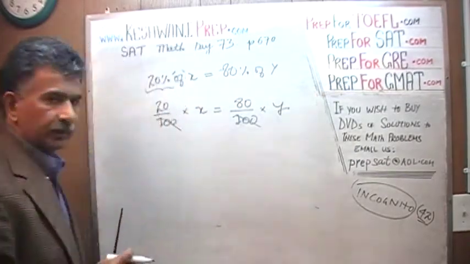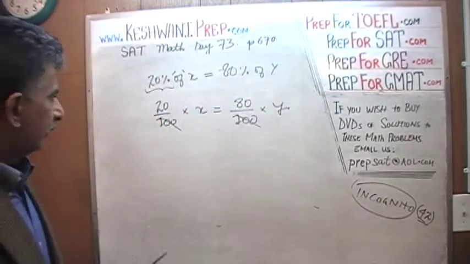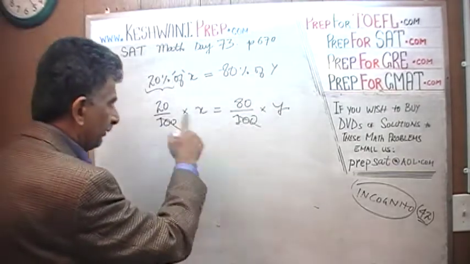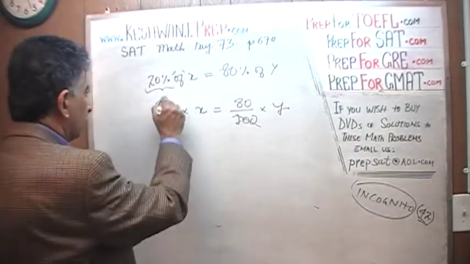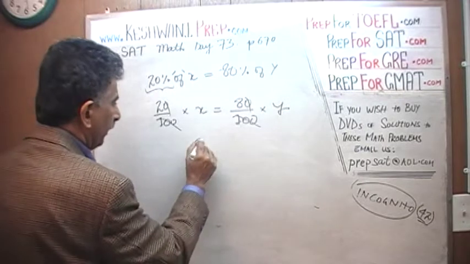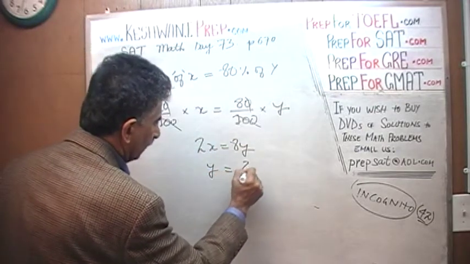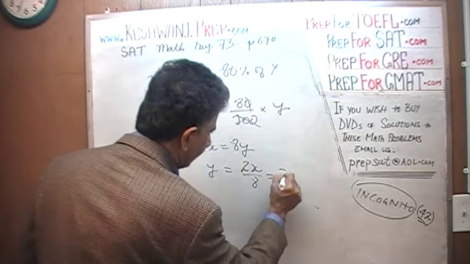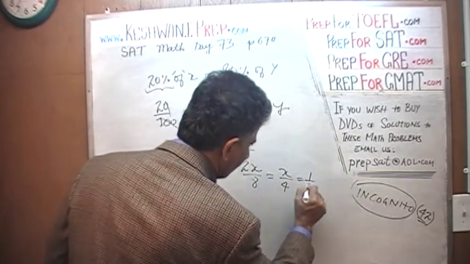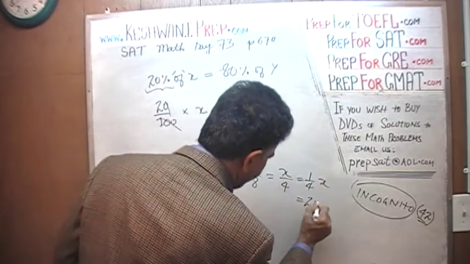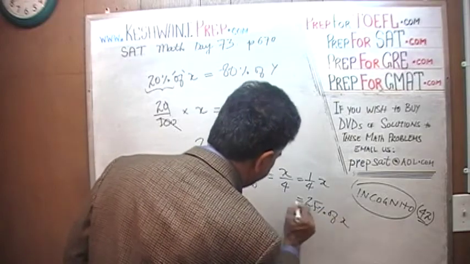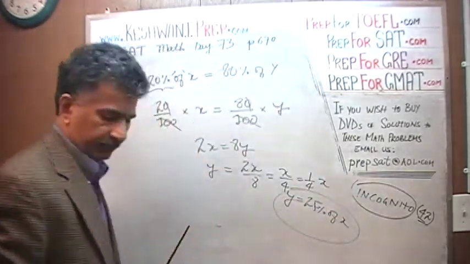You just have to realize that if we multiply both sides by 100, it goes out. Again, if we divide both sides by 10, we can drop out the 0. So we'll be back to where we were. 2x equals 8y, which means y equals 2x over 8, which is the same as x over 4, which is the same as 1/4 of x, which is the same as 25% of x. Y equals 25% of x. That's it.